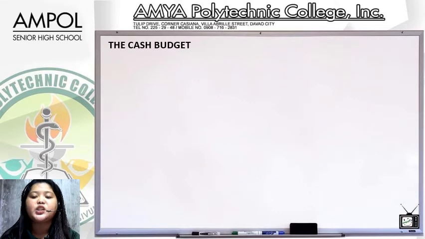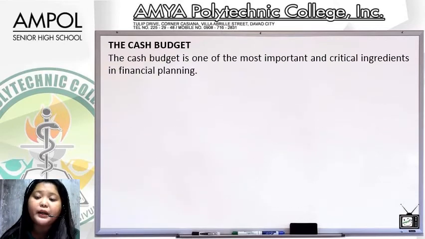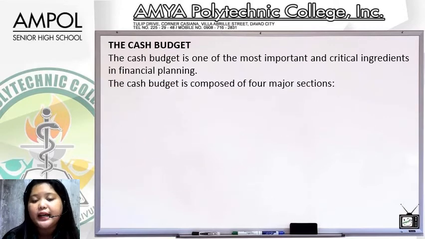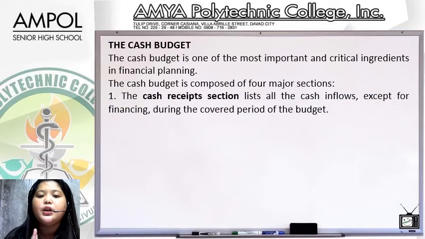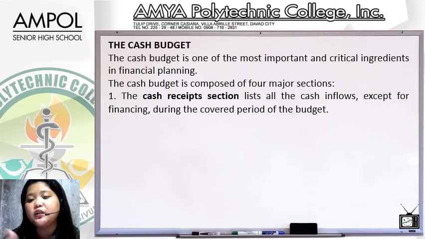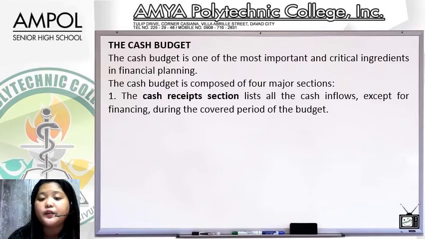Next one is the cash budget. The cash budget is one of the most important and critical ingredients in financial planning. The cash budget is composed of 4 major sections. The first section is the cash receipts section. This is the list of all the cash inflows except for financing during the covered period of the budget.